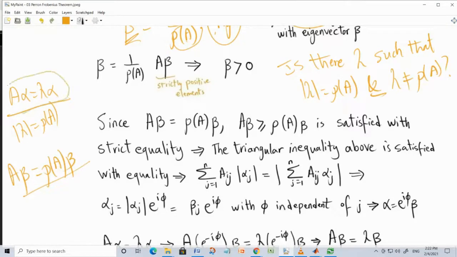But can we actually have this with a lambda that has a magnitude equal to the spectral radius, but lambda itself is not equal to the spectral radius?